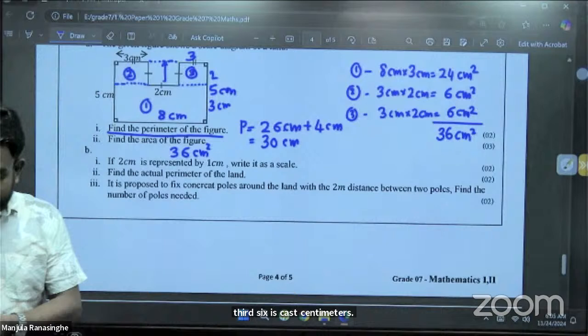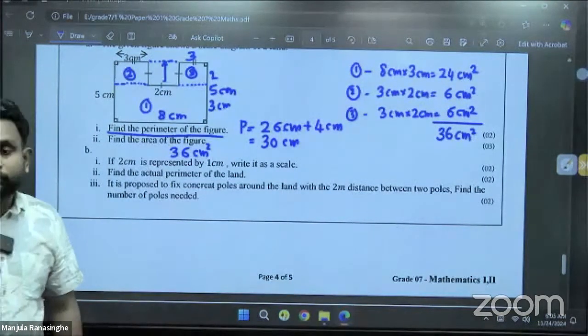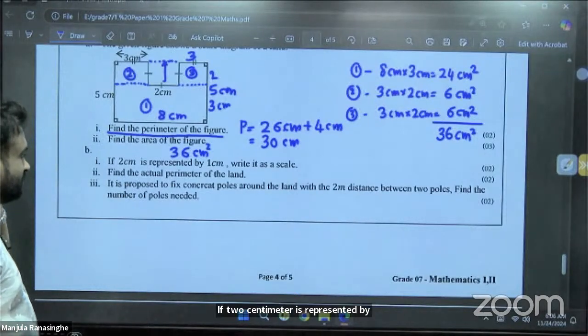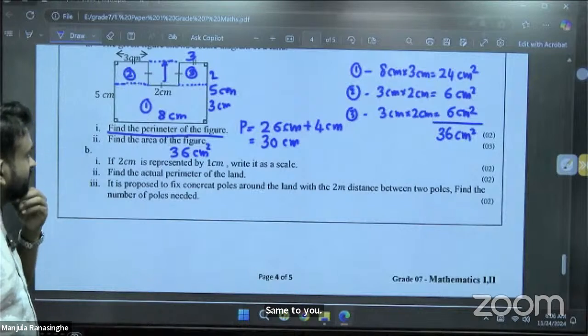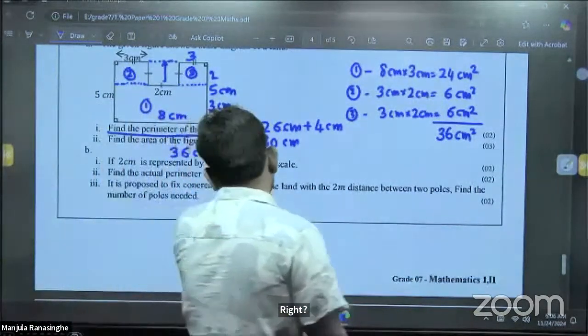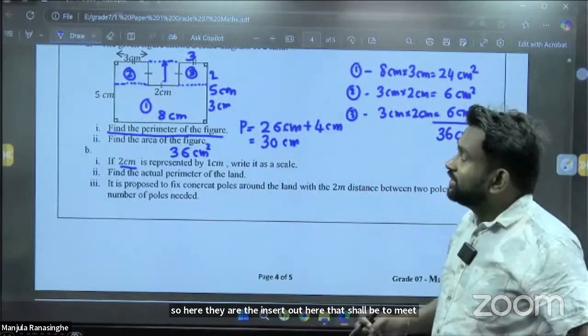Okay, fix the shortcomings. If 2 centimeters is represented by 1 centimeter, here 2 meters should come. There is a small problem, because the scale cannot be this small. So there is a doubt here that it should be 2 meters represented by 1 centimeter.